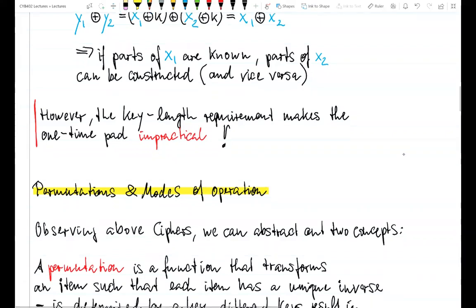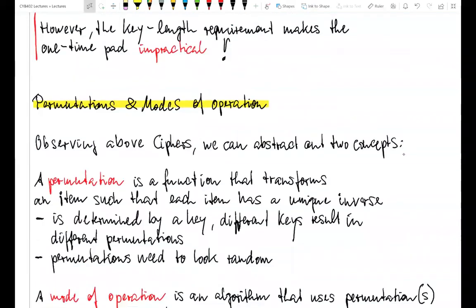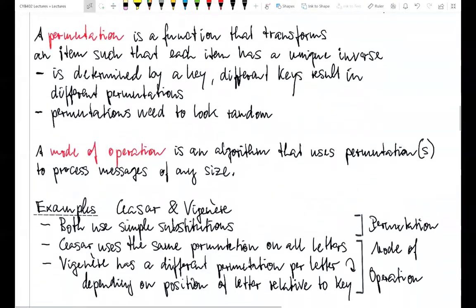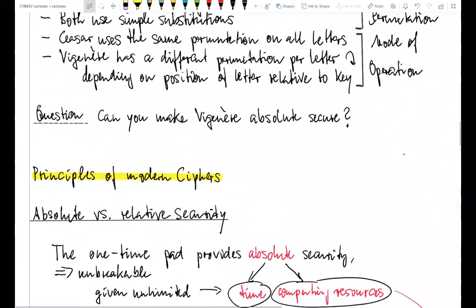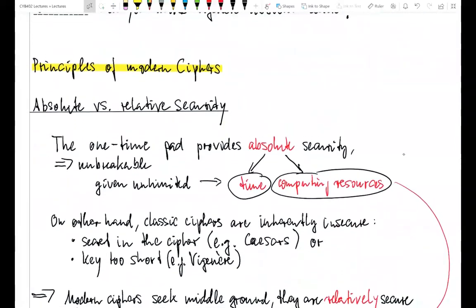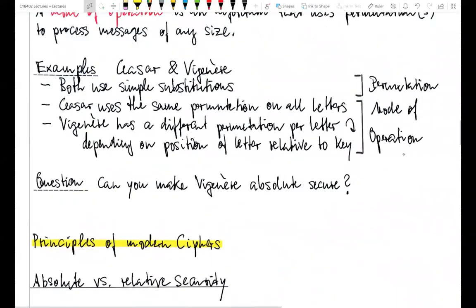So this leads us to the next topic. We're going to talk about this a little bit later down when we talk about principles of modern ciphers, absolute versus relative security.